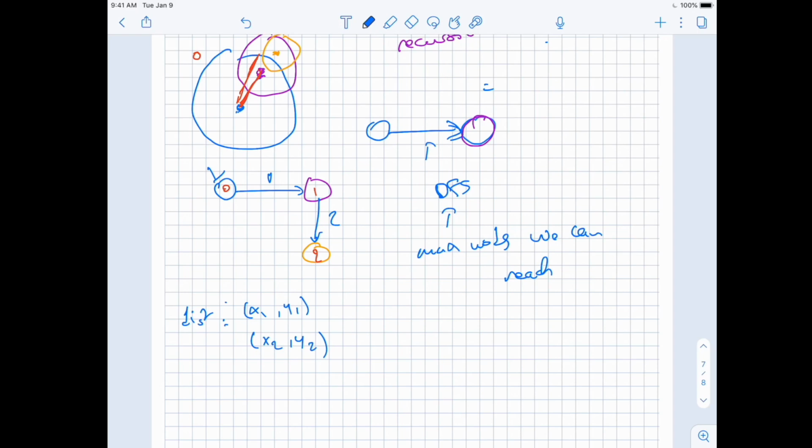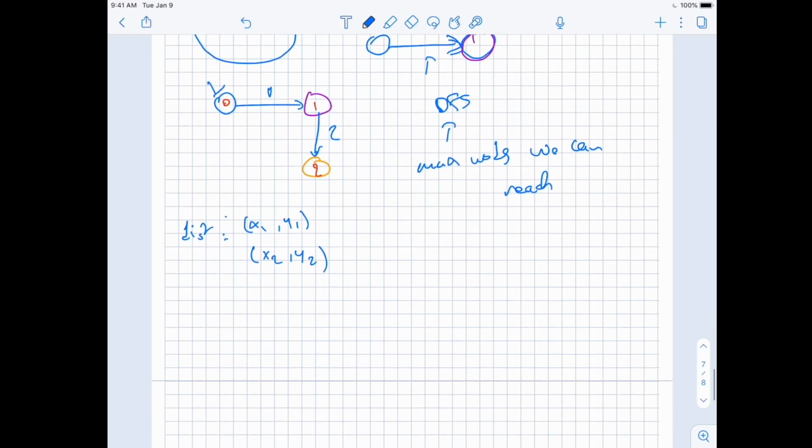Then in that case, the distance is going to be just the square root of the difference between the two x coordinates squared, plus the difference between the two y coordinates squared. And this is going to be the distance. Okay? This is just the rule for the Euclidean distance between any 2 points.